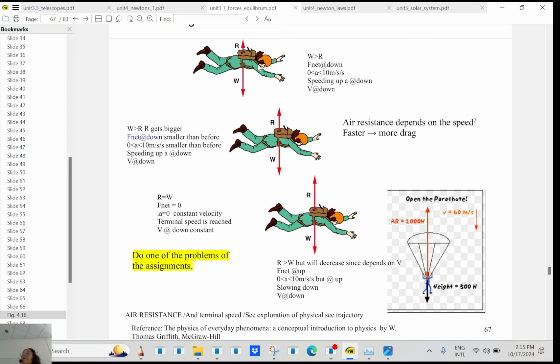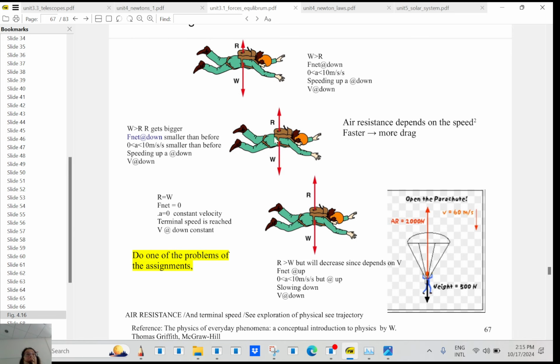Is there a net force? Yes, and the net force is down. So the acceleration is down, because the acceleration is in the same direction as the net force. So she's going to speed up.